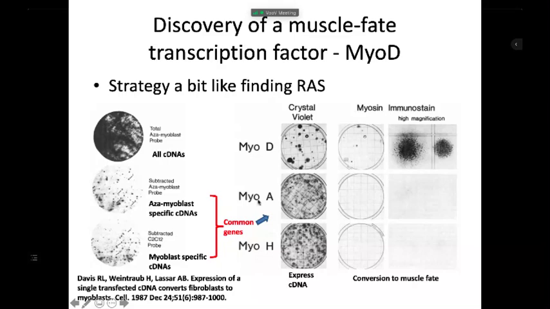And the common genes in these 2 libraries, we express these cDNAs in cells that are not normally permissive to make muscle cells, so a fibroblast cell line.